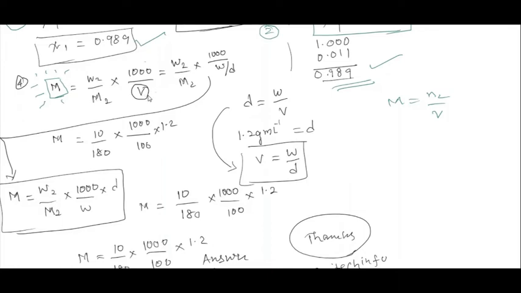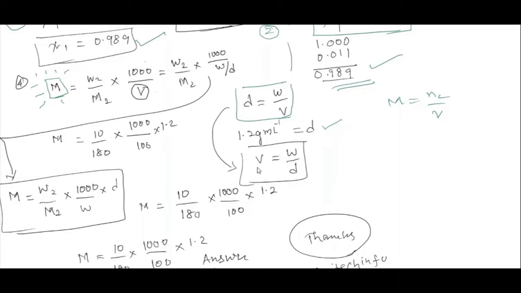Here we know that density is nothing but weight of the solution divided by volume, is it not? So what is the density? Density is given here as 1.2 gram per ml.